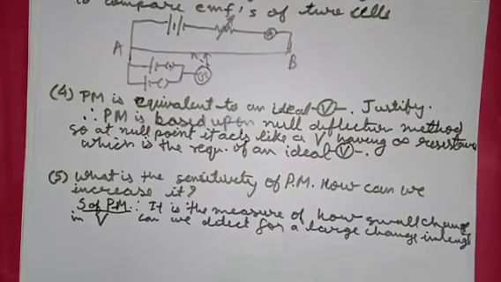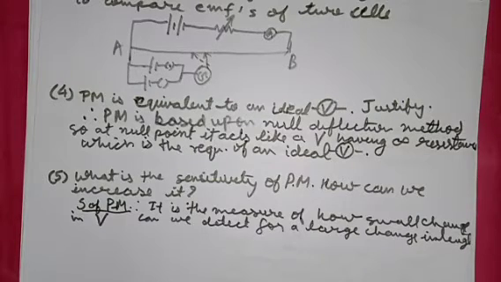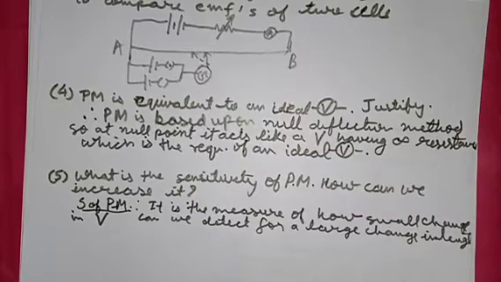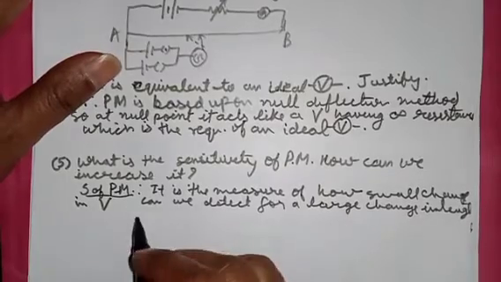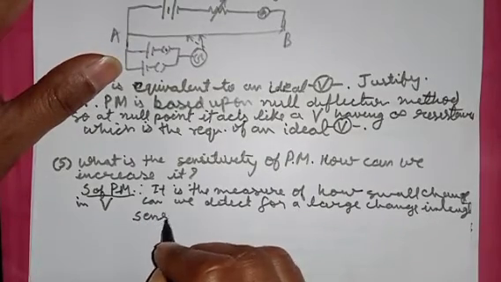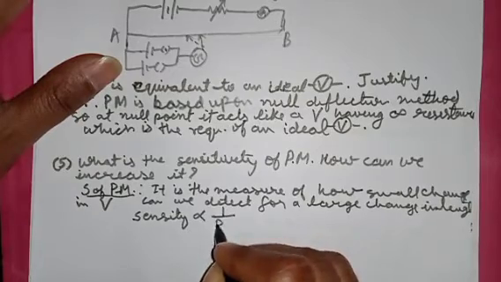So in comparison to length, if we are changing the length, changing the position, and we are obtaining different voltages, how small a voltage change can we detect over a large distance or larger length? So it means sensitivity is inversely proportional to the potential gradient.